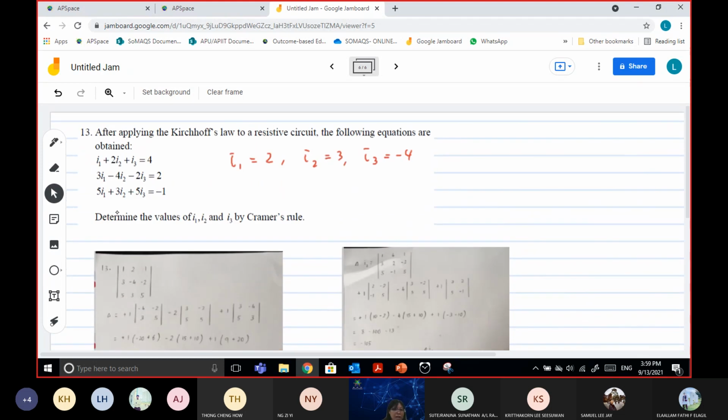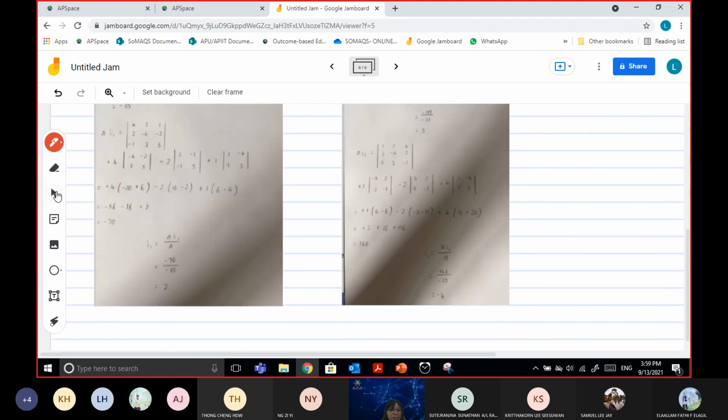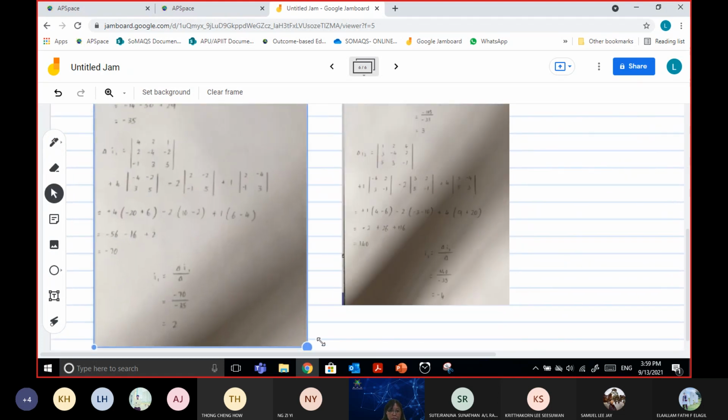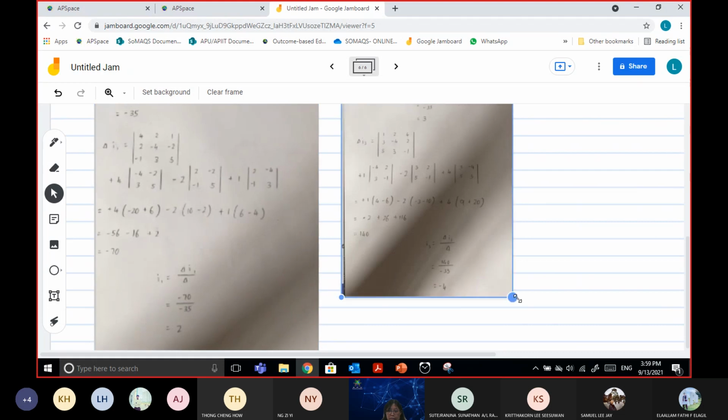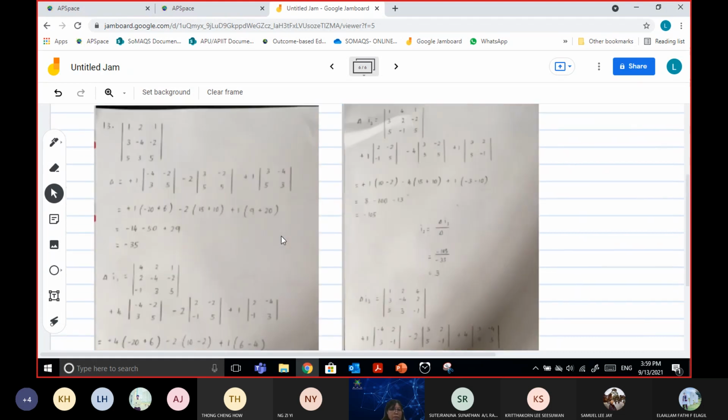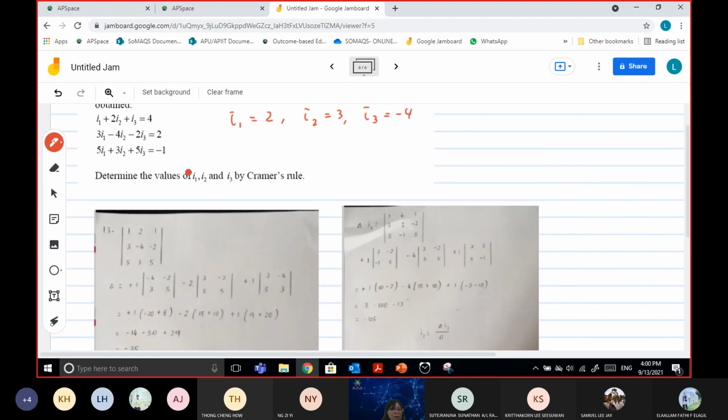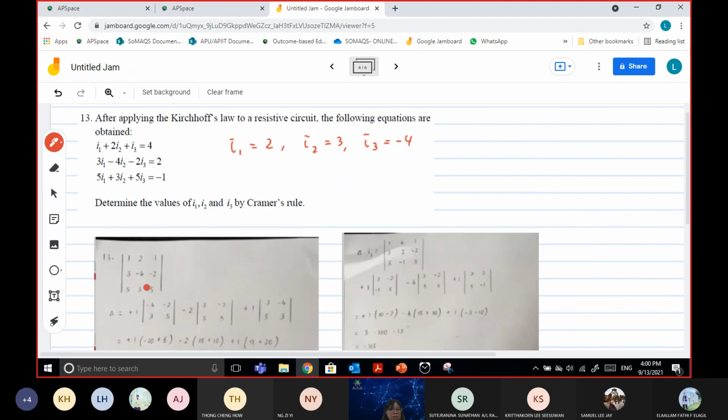Find the first matrix: 1, 2, 1, 3, -4, -2, 5, 3, 5. Will it be too small? Let me drag it larger, to the max. Now I can see it clearly. Taking from the original equation, 3, minus 4, minus 2, and the third row will be 5, 3, 5.